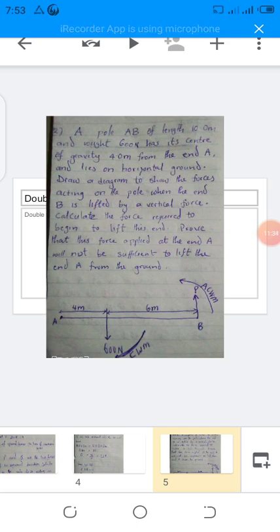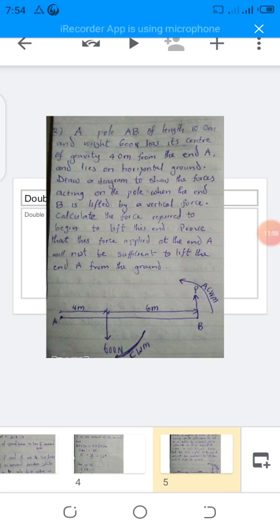That reaction is anti-clockwise, but the weight of the object, acting downward, is clockwise. Now let us continue with our question.